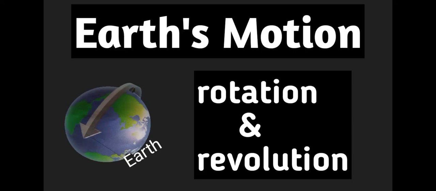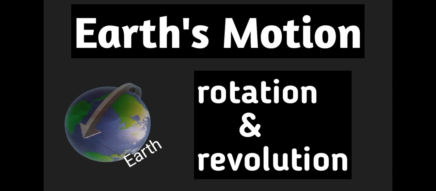The axis is an imaginary line that passes through the center from the North Pole to the South Pole. The North Pole and the South Pole are at the opposite ends of the Earth. The axis is tilted at an angle.